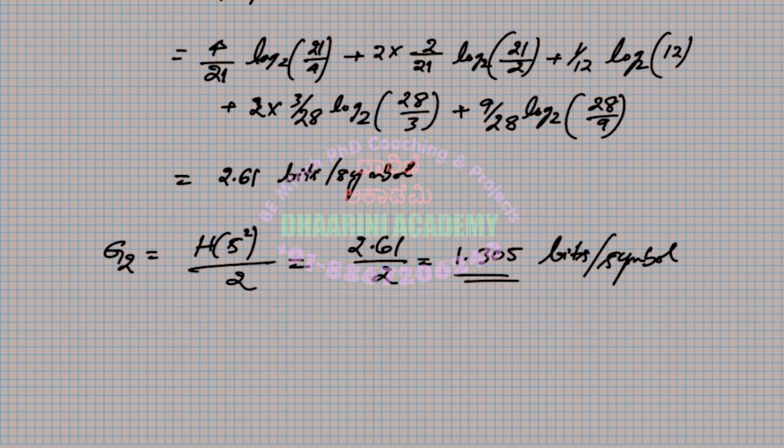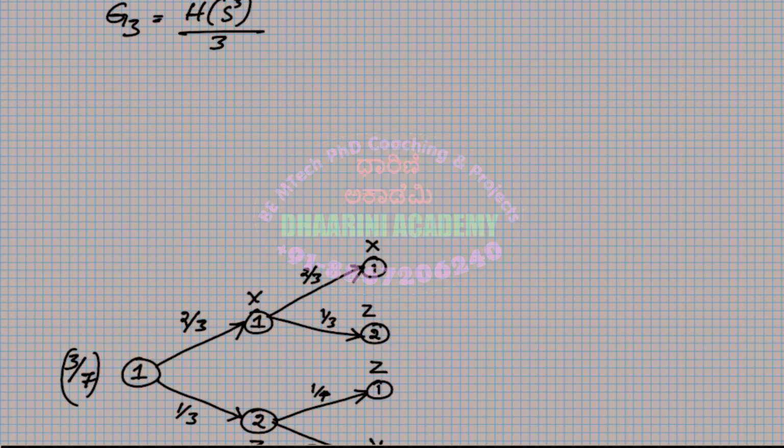Now we see we need to create the... so first, let me write the equation required. So I need to calculate G3, that is nothing but H of S cube divided by 3, right? Okay, so anyway, let me start with that diagram which we had written.